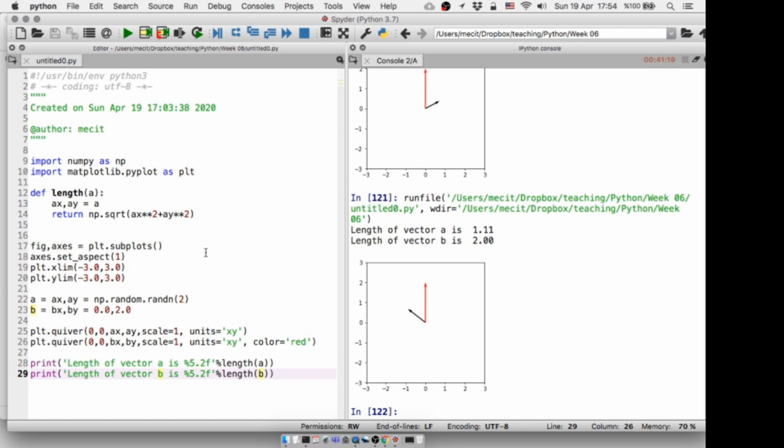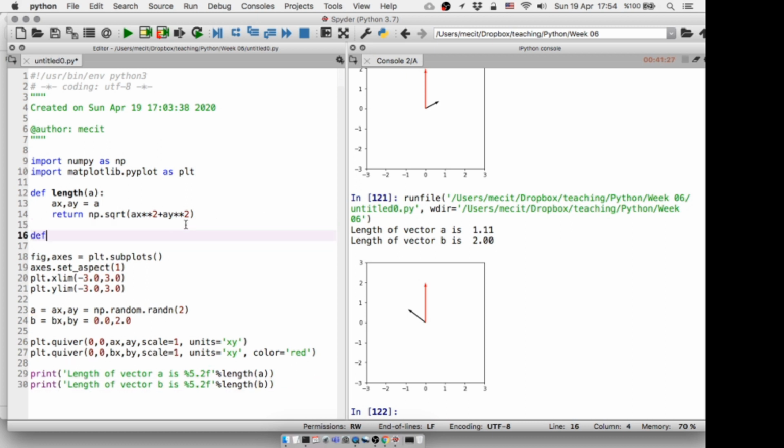How can I get the unit vector corresponding to a vector? I want to define a function for that as well. Define unit vector.